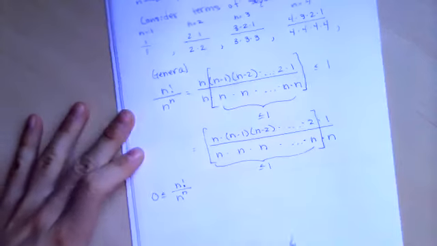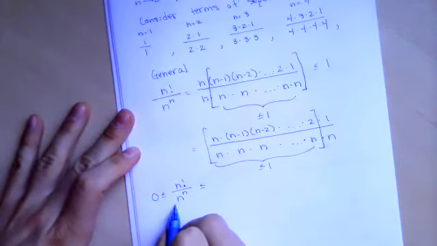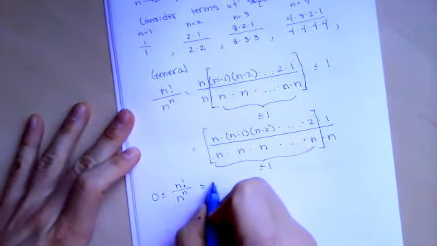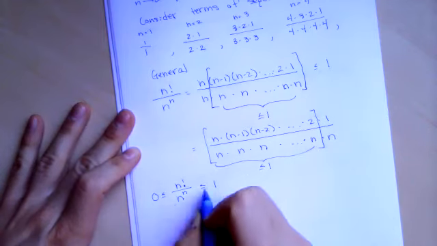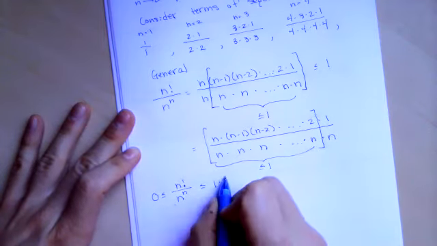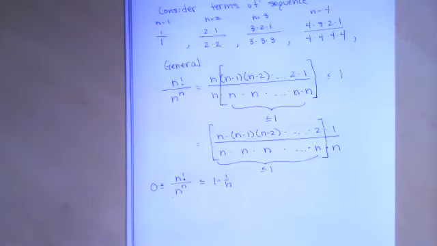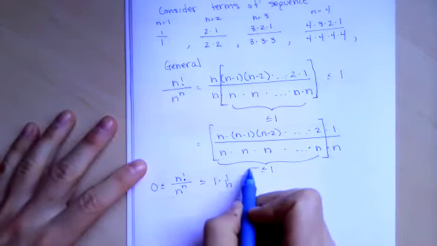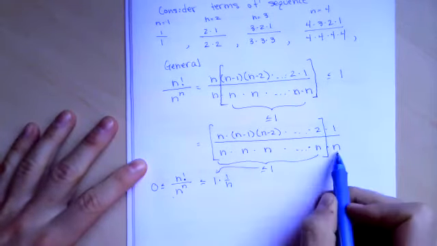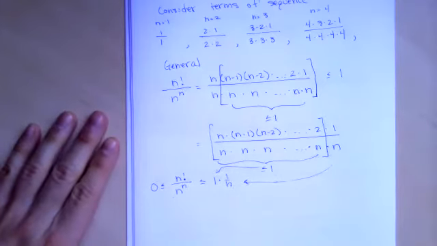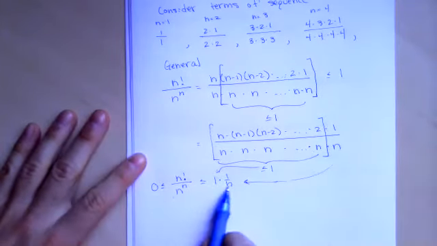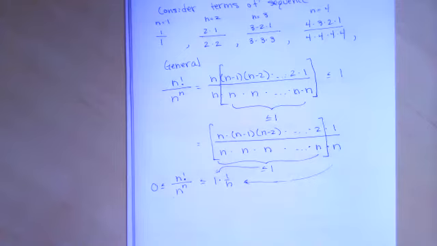So my original sequence is always going to be less than 1 times that last term, 1 over n. I'm replacing this whole chunk with that 1, times that last term, 1 over n. So I put this guy there, and then this guy there. And of course, they're being multiplied, so we still get a product there.